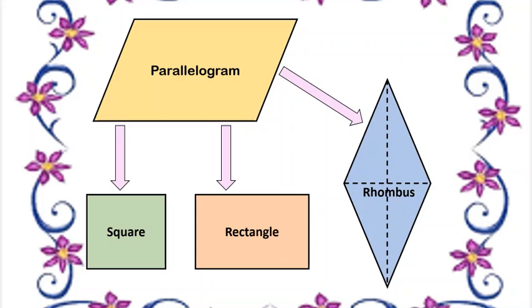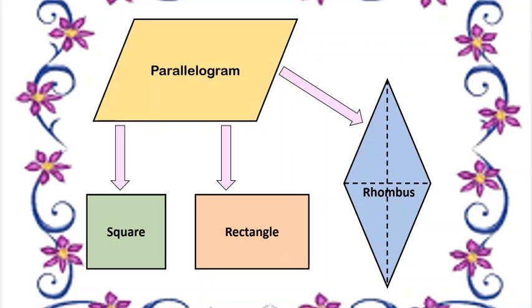In any parallelogram, diagonals need not be equal, but in a square, diagonals are equal. All four sides are equal, two diagonals are equal. But the side is not equal to the diagonal, remember. We have studied Pythagoras theorem. So in a square, there are two right angle triangles if a diagonal is drawn. So side is not equal to diagonal.